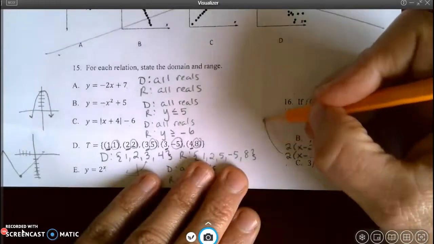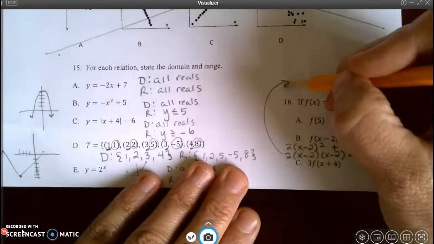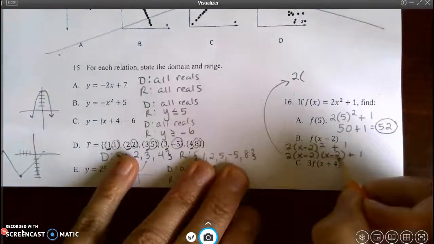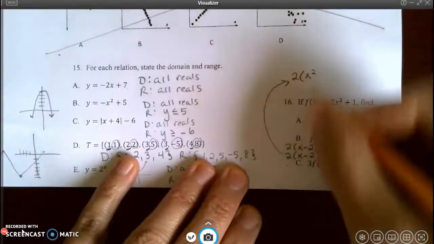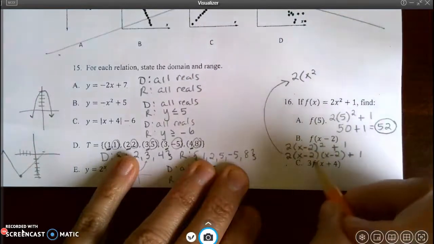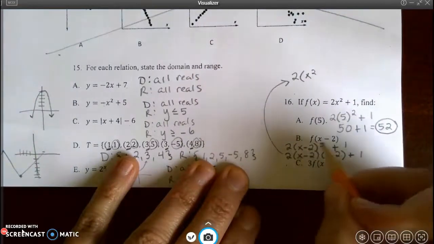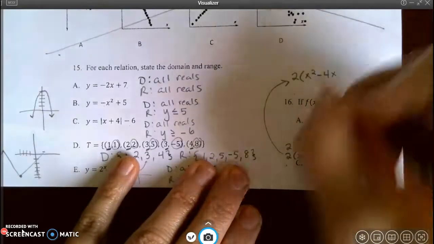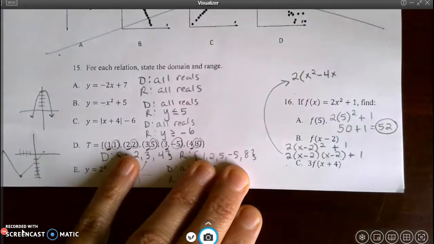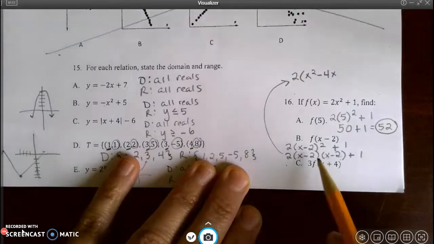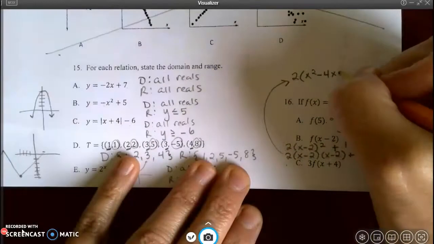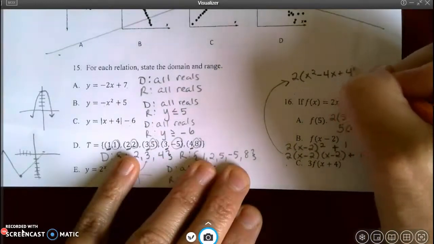And I'm going to move up here to do that. So I get 2, and when I FOIL these, I get x squared. I get -2x and -2x, my outers and my inners, give me a total of -4x, because -2x and -2x is -4x. And my last term's -2 times -2 is plus 4.